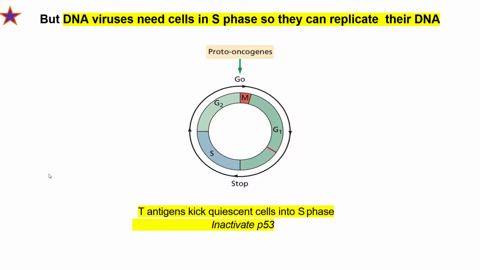And you are seeing that basically the T antigens kick the quiescent cells into the S phase. This is one of them. They inactivate the p53, and the details are in there. So these are some of them. And remember that this is basically the idea that in the cell cycle, this is your growth 1, G1 phase.